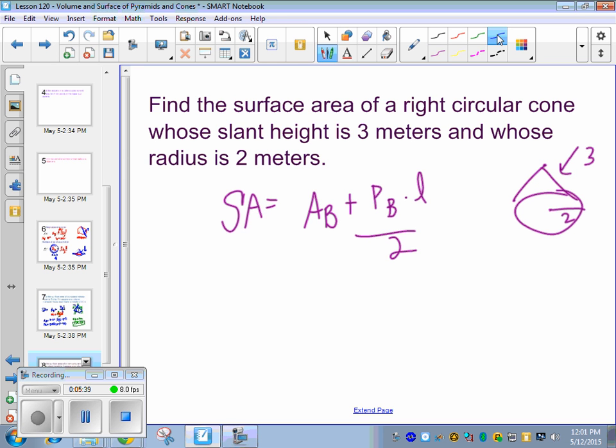Okay? But when we're doing a cone, area of the base is what formula? Pi r squared. So we would do 3.14 times 2 times 2, radius squared. So 12.56.